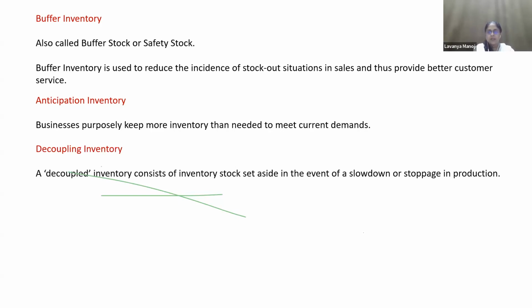Decoupling inventory. This is to avoid any sudden slowdown, stoppage or breakdown during the production process. When there is a sudden breakdown, the work in progress inventory is already in production, maybe not even half processed.